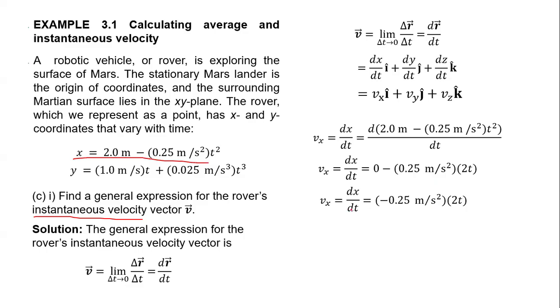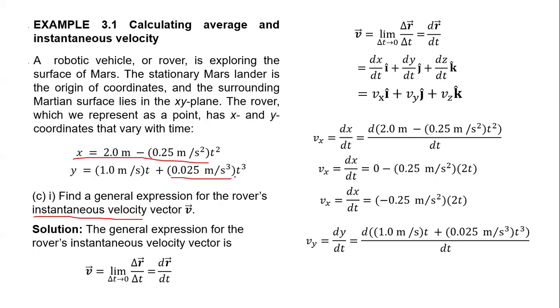So our Vx is the derivative of our Vx, like this. And for our Vy, the derivative of the first term is 1.0 meters per second. The derivative of the second term is this constant times the 3t squared. So where's the 3 here? 3t squared. Okay, so we forgot the 3 here.